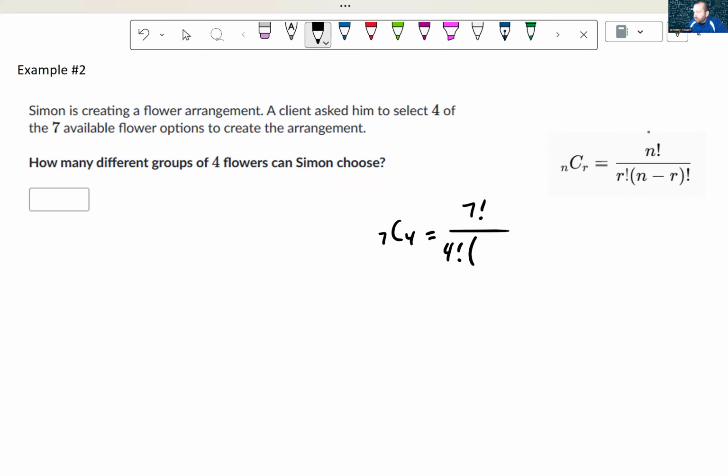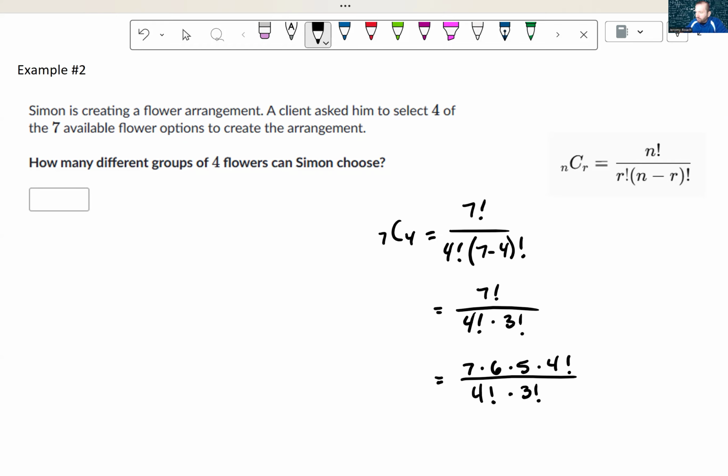So this is 7 factorial over 4 factorial times 7 minus 4, which is 3 factorial. So now this is 7 times 6 times 5 times 4 factorial, and I'm stopping at 4 because that's our largest value on the denominator. So you have 4 factorial times 3 factorial. Our 4 factorials cancel out.